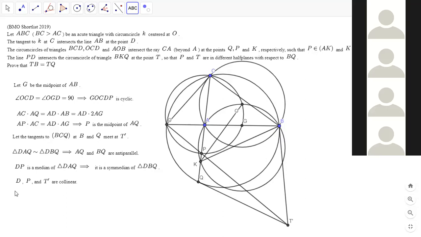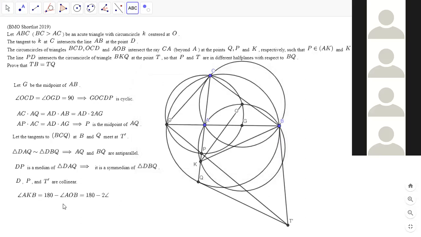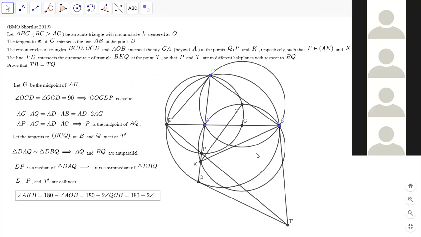So angle AKB is 180 minus AOB, which is 180 minus twice angle ACB, or we could say QCB, which is 180 minus 2 angle QDB.